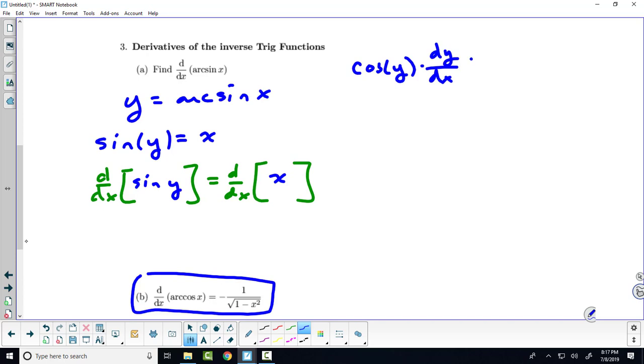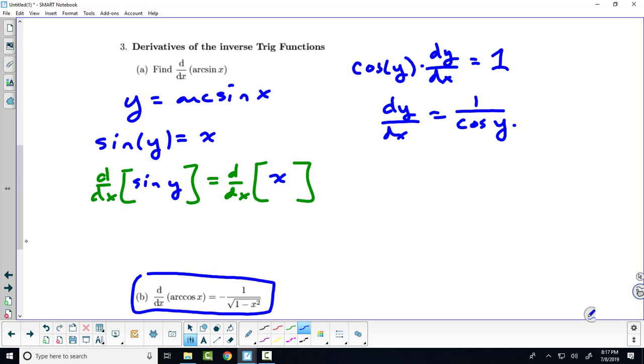Okay. That's equal to what over here? 1. Because there we're taking dx dx. So there's no chain rule. Okay. So, who are we trying to find? We're trying to find dy dx. Well, there it is. Let's get it by itself. So we get dy dx is equal to 1 over the cosine of y.